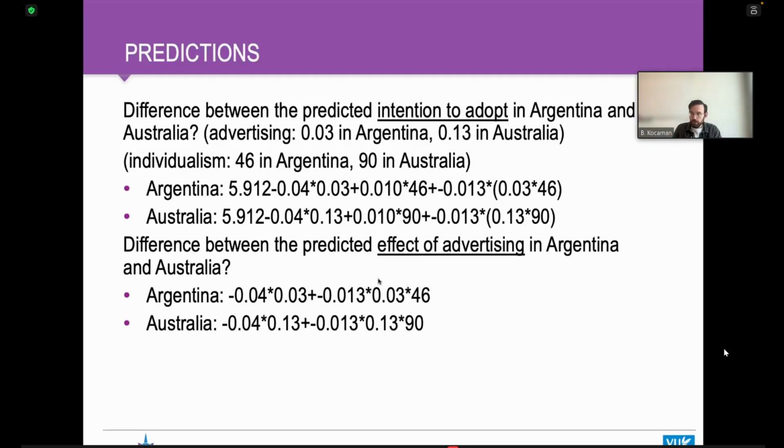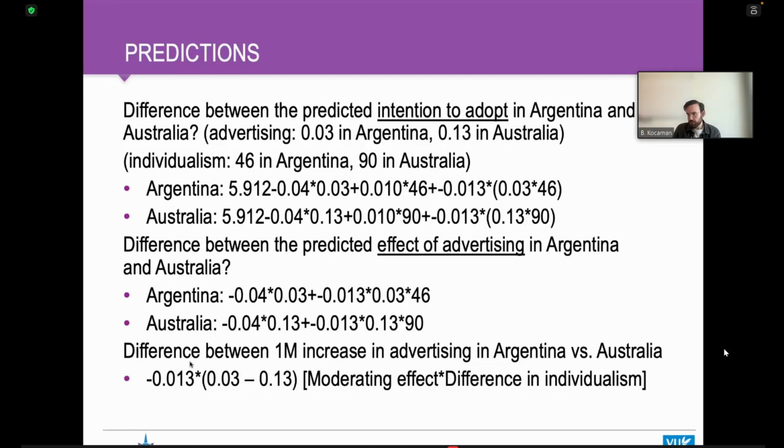We just look at the effect of advertising when we increase advertising by 1 point.